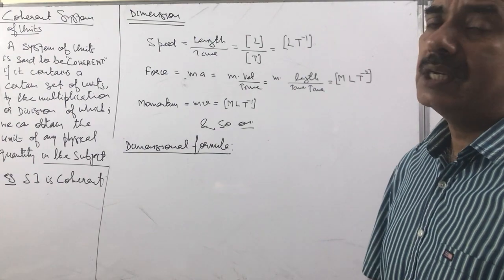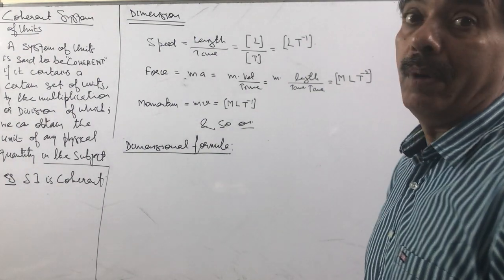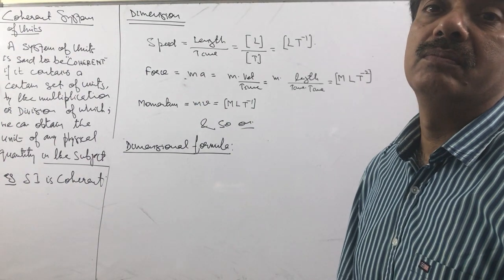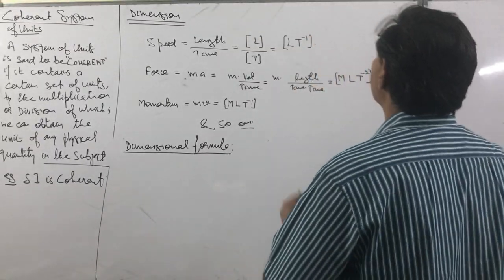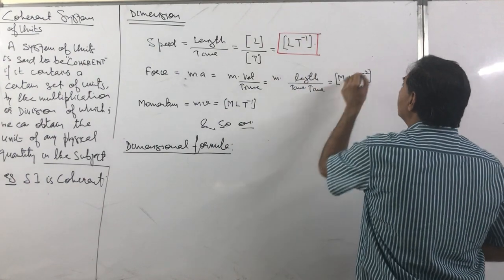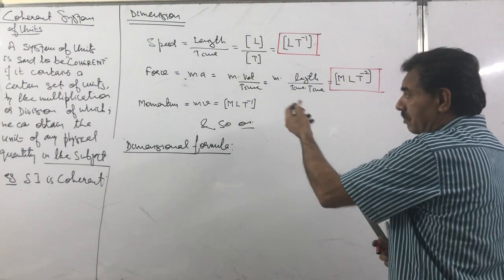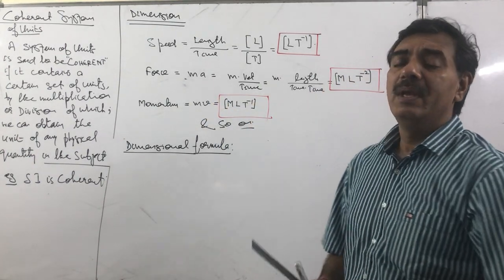Two, length and time. For force, we required mass, length and time. For momentum, mass, length and time. Thus, boys and girls, this is the dimensional formula for speed. No need to put it in a box, I'm just highlighting here. And this is the dimensional formula for momentum.